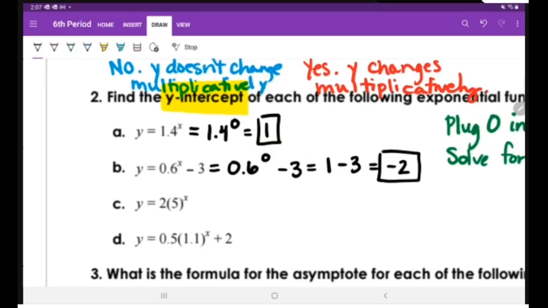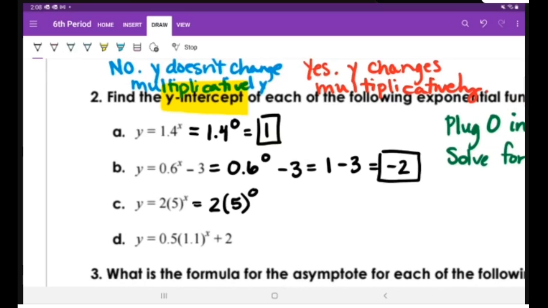Or use a calculator. For part C, we have 2 times 5 to the 0. Now, I saw a lot of students multiply the 2 times 5 together and get 10 to the 0, but you can't do that. You can't multiply those because PEMDAS. First, you do your exponents, and then you do your multiplication.